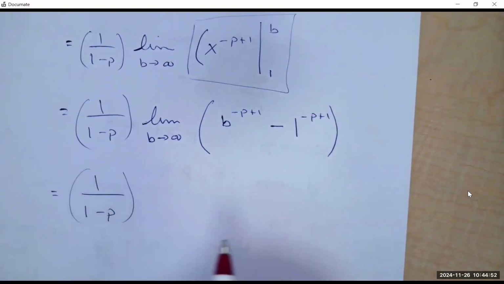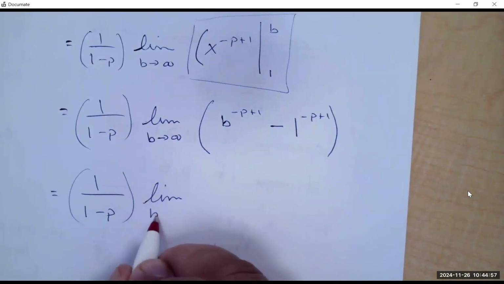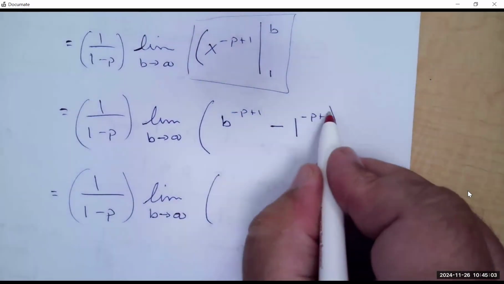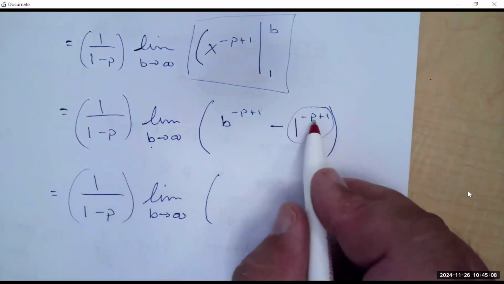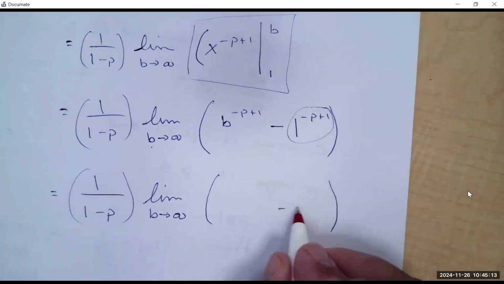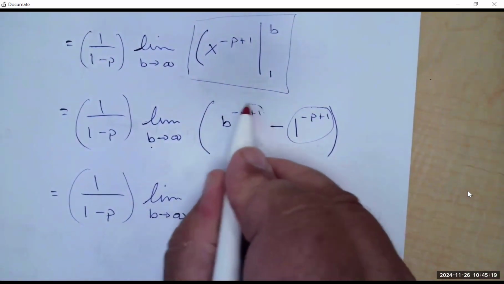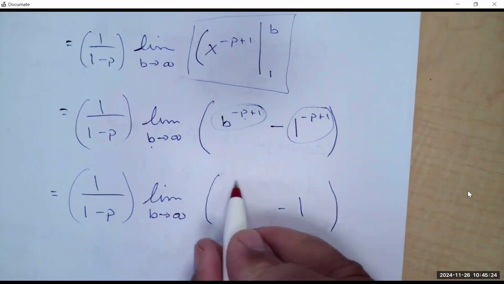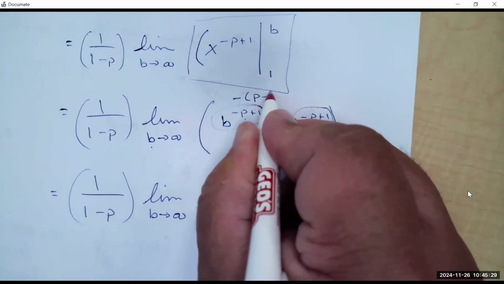Let's rewrite our equation. We know this part here. What is that going to equal? Remember, p is a constant. What does this become? 1 to any power is always 1. So this one here can be rewritten how? Remember, this one is a negative. If we take out the negative, we have p minus 1.